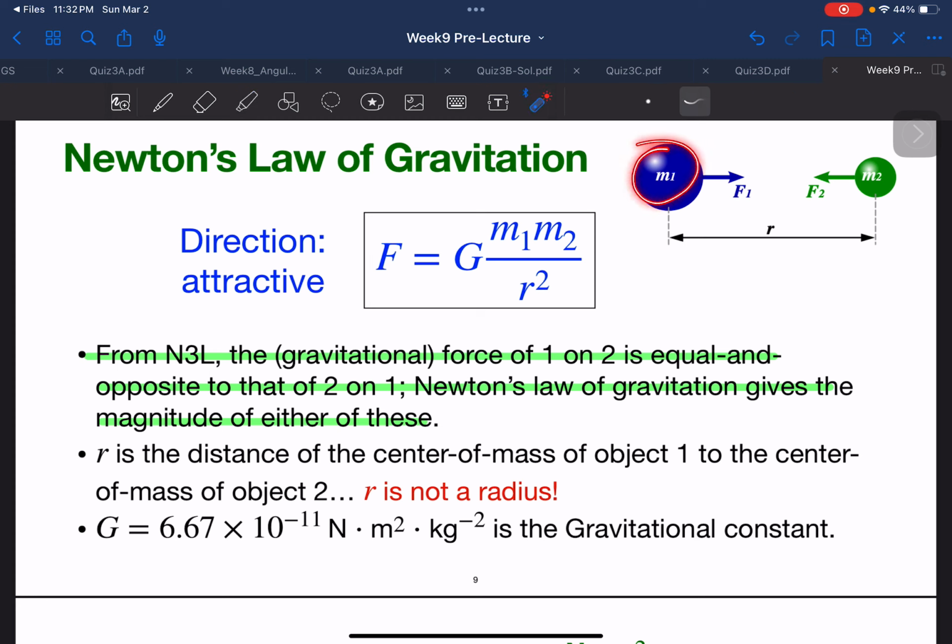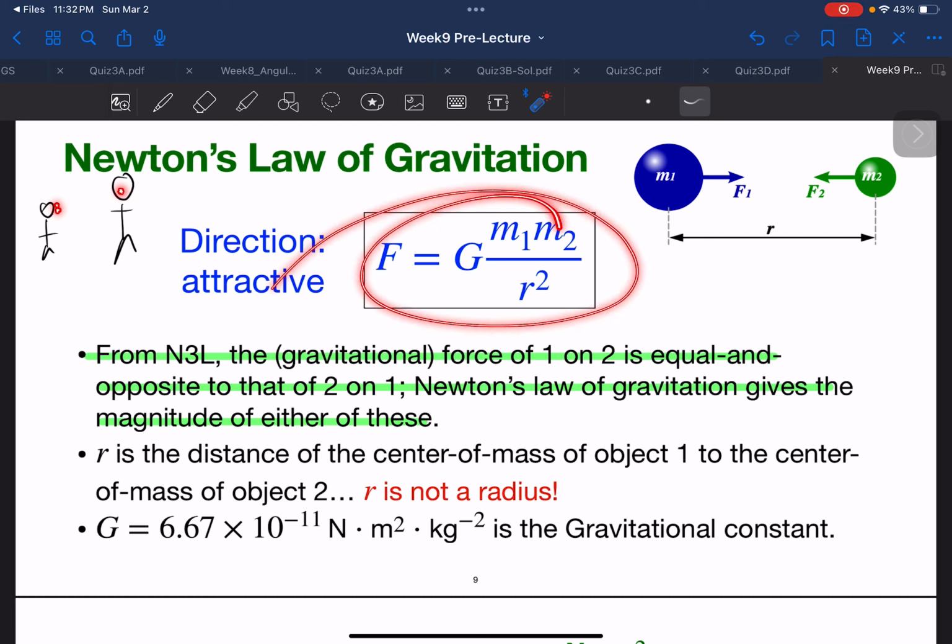Well, if you have two masses, let's say two people standing some distance away from each other, and let's say one person is taller and larger than the other person. According to Newton's law of gravitation, the force with which person 1 pulls on person 2 is the same in magnitude as the force with which person 2 pulls on person 1 due to their masses.